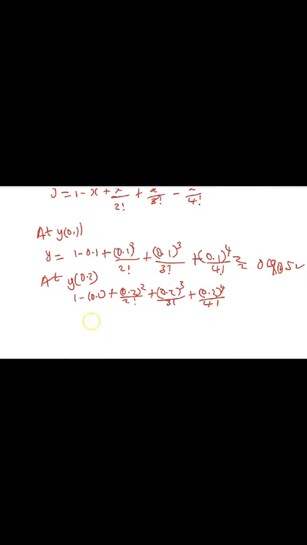So if you plug this in your calculator, you should be able to get 0.822. And this is how you are able to compute some variables using the Taylor series.